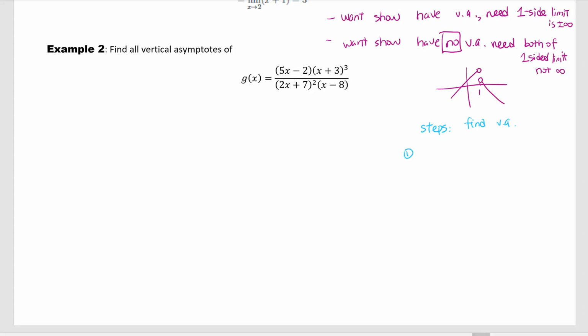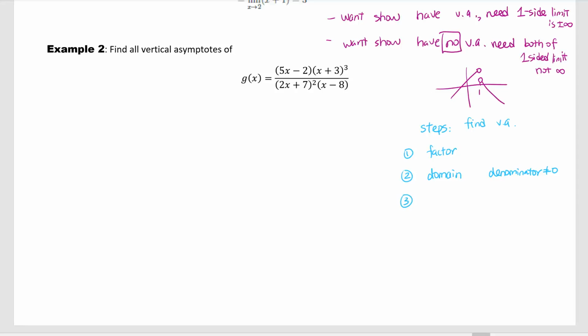I would say first step, you want to factor. Usually you're given a rational function, so you want to factor it. But in this example, it's already factored, so that is good. Second step, you want to find the domain. What's the domain? Well, usually if you're given a rational function, that is the denominator not equal to 0.